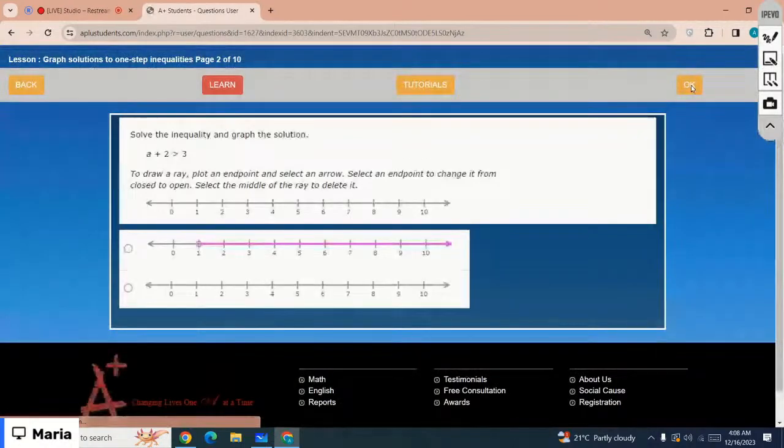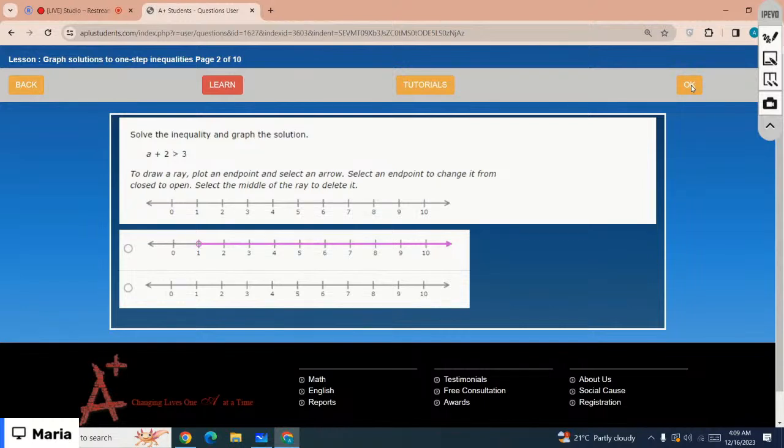Okay, the next one is a plus 2 is greater than 3. First, let's just evaluate. So you have to subtract 2 from both sides. That means a is greater than 3 minus 2, which is 1, right? So which is the correct option?